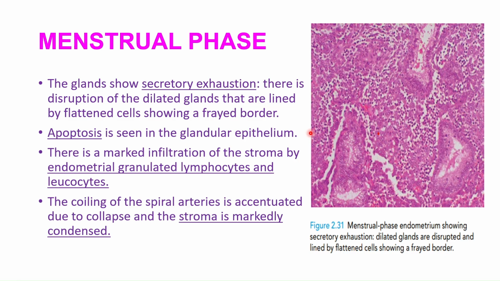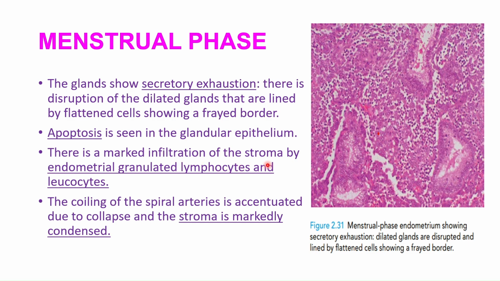Menstrual phase. In the menstrual phase, the gland shows secretory exhaustion. There is disruption of the dilated glands that are lined by flattened cells showing frayed border. Apoptosis is seen in the glandular epithelium.